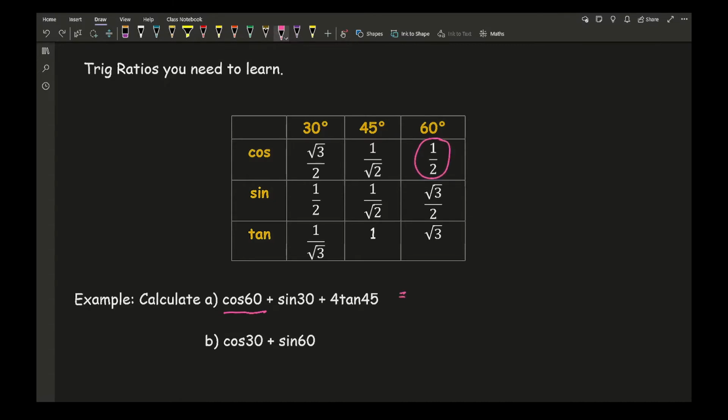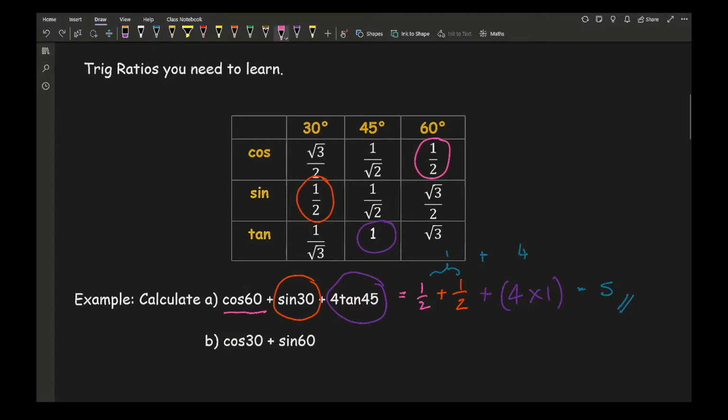So that's going to be a half, plus sine 30, which is also a half, plus 4 tan 45, well tan 45 is 1, so I'm going to add 4 times 1 to work this out. Now, working these out, I've got a half plus a half, which is 1, so that's going to add up to 1. So I've got 1 plus 4 times 1, which is 4, which gives me a final answer of 5.